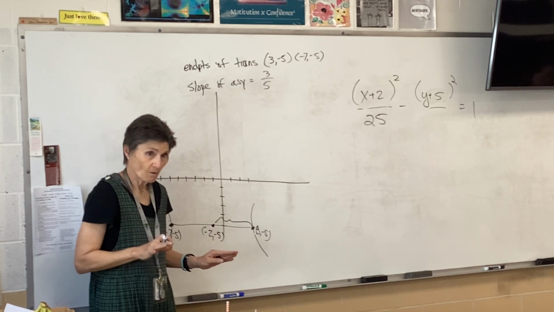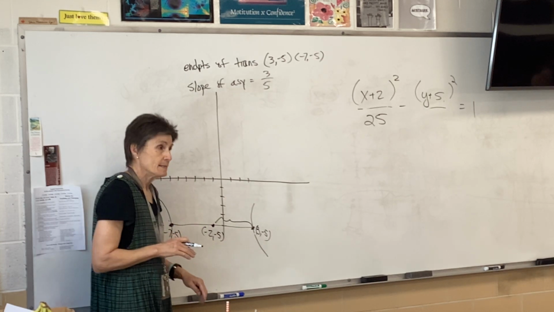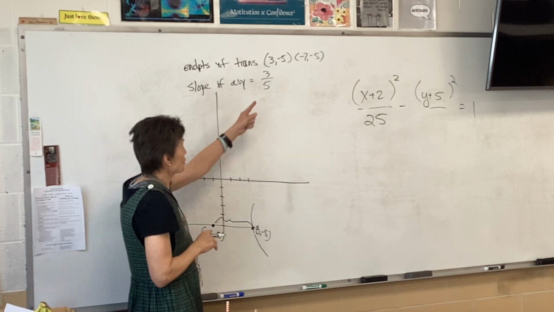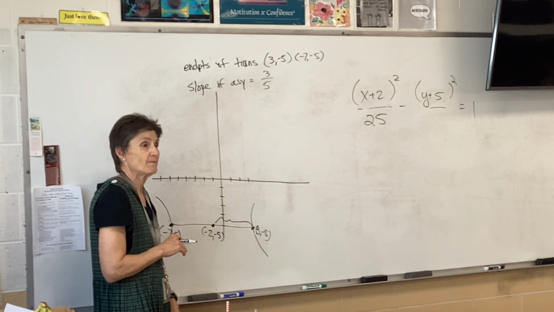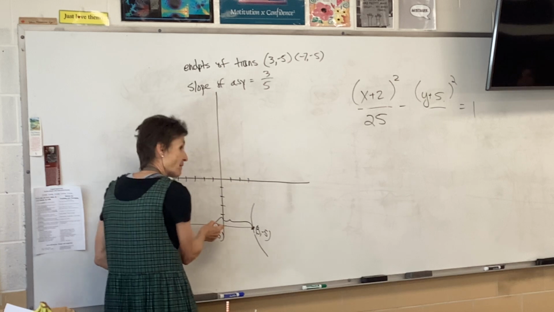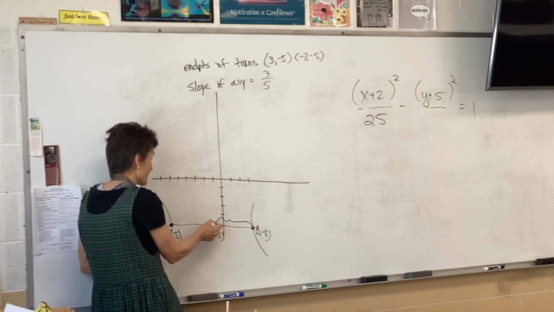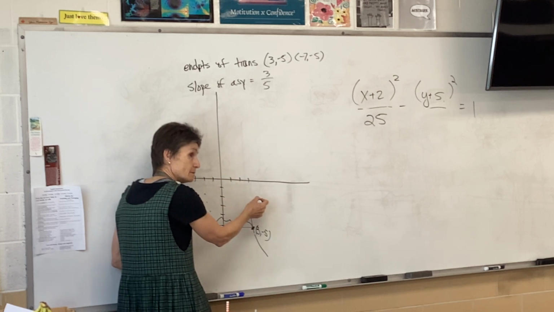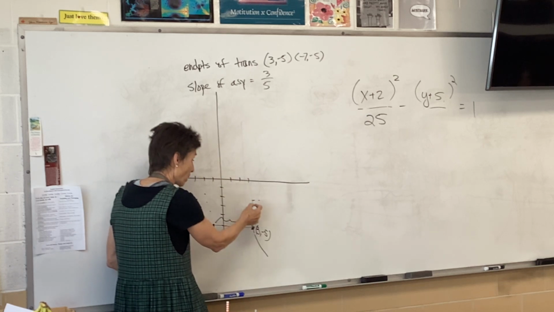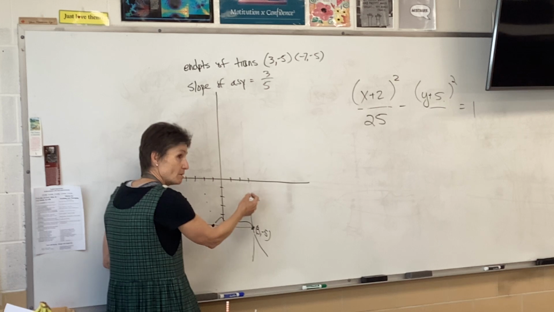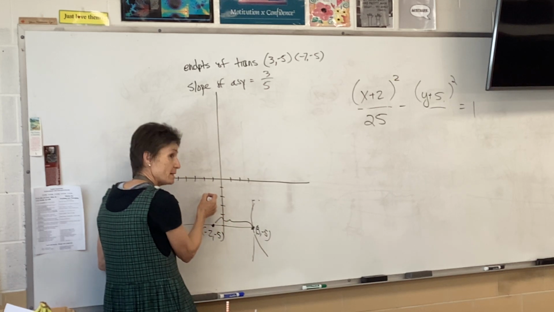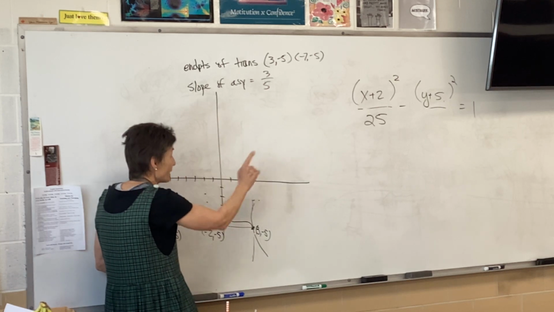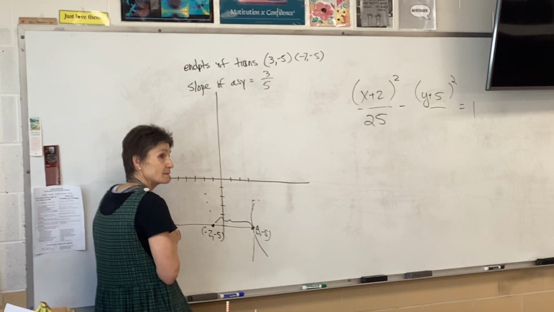Everybody good so far? Now, they told me the slope of the asymptote is 3/5. What that means is if I'm building the box, I'm counting up 3 and over 5. Does the over 5 part make sense to you in terms of the picture? So if I'm counting up 3, what does that tell me about what's under y? It's got to be a 9.